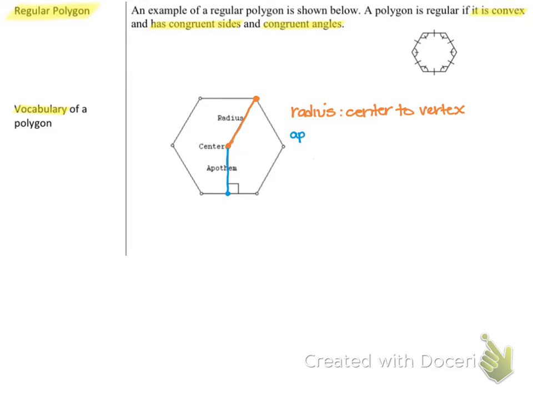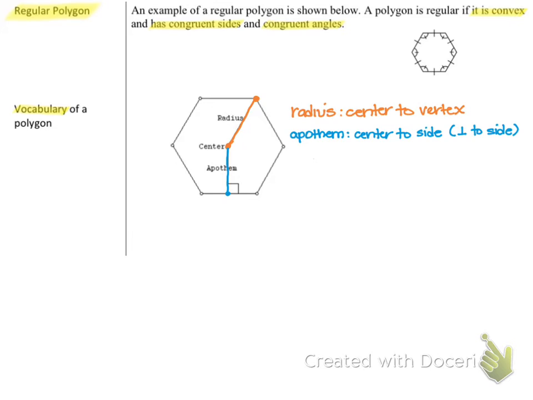So the apothem goes from center to side. It is also perpendicular to the side. So it almost looks like the height, kind of, because we know the height is perpendicular to the base. So you do have that 90-degree angle occurring here.